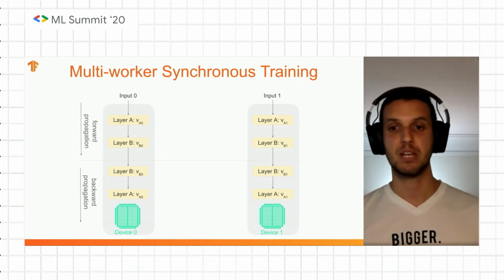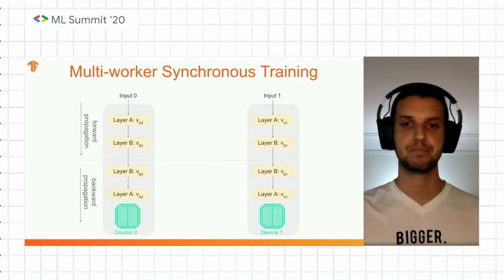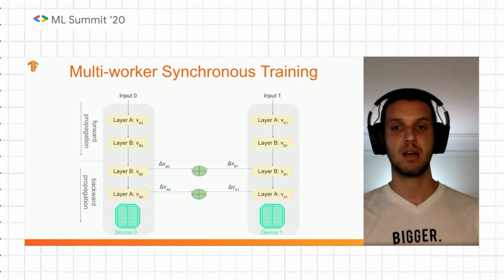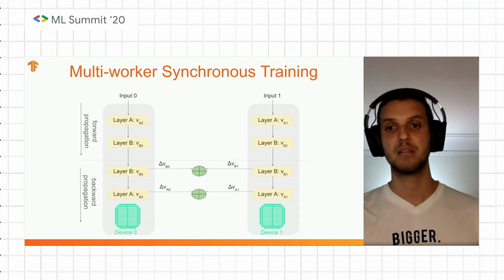In this situation, like we can see, we have 2 devices, so we can split the work effort in half. And with the time, there is a communication between those devices where all the gradients are being adjusted.